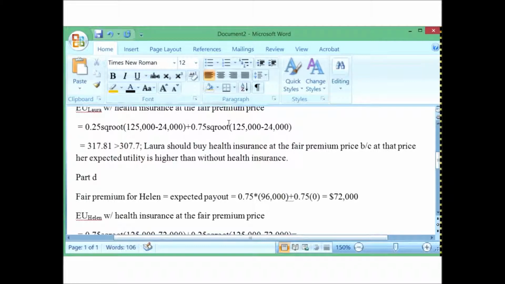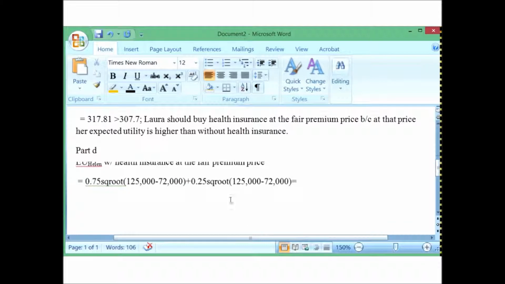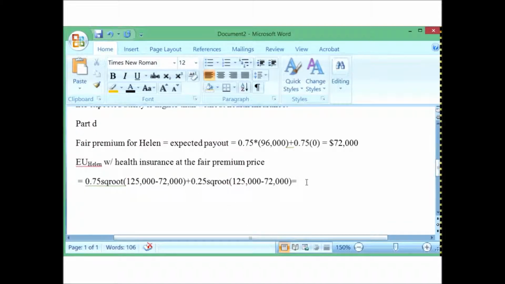It's not going to affect our results, just to be able to contrast the answers. Can someone find this one? By the way, this is just equal to the square root of 125,000 minus 72,000, because it's 75% of the square root plus 25% of the same square root. It's just one square root.